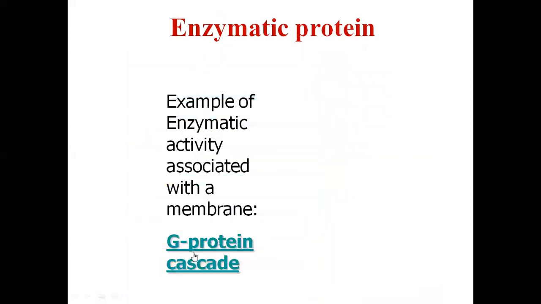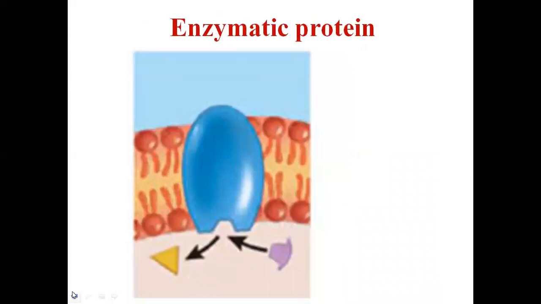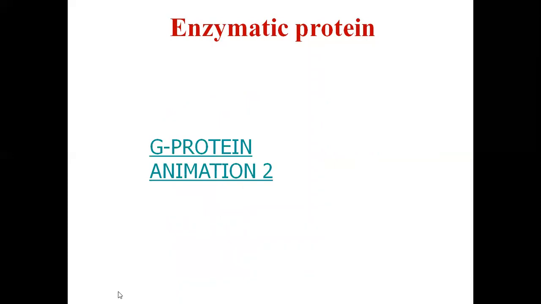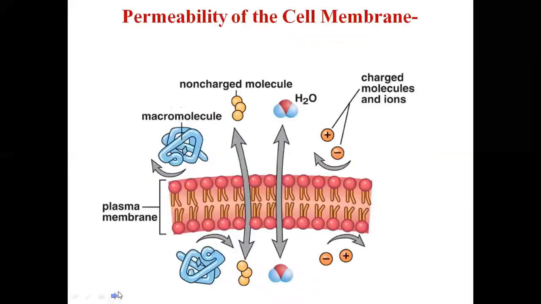A number of proteins play an important role in cell functions. An example of an enzymatic protein is the enzymatic activity associated with the membrane, that is the G protein cascade.